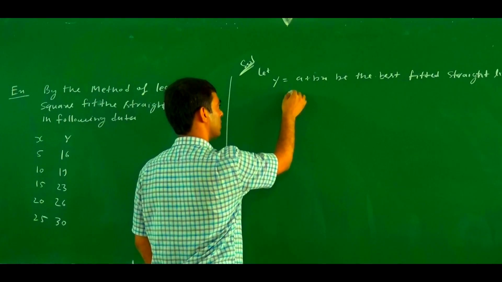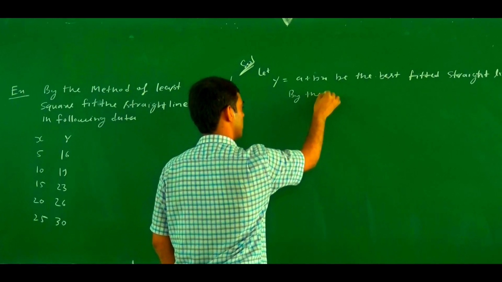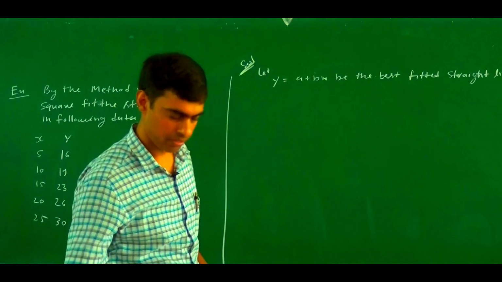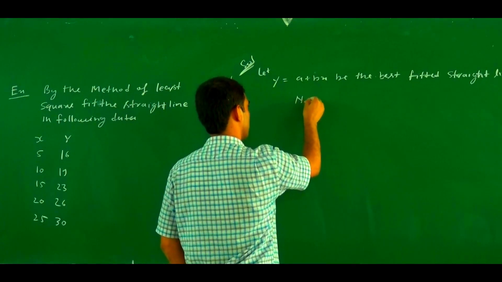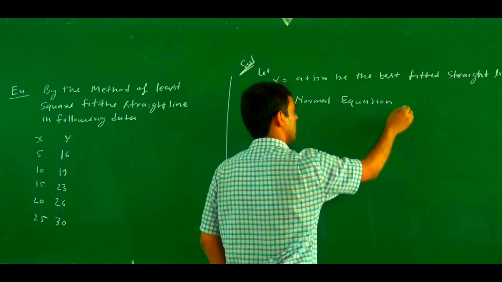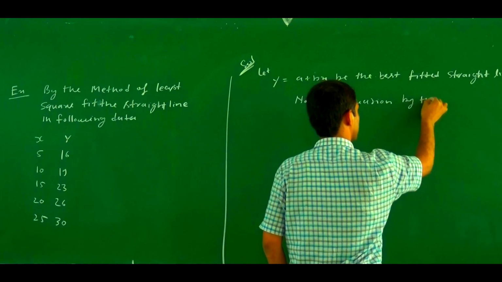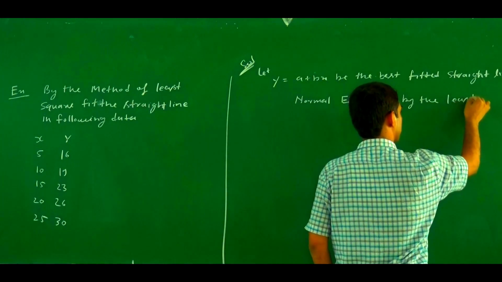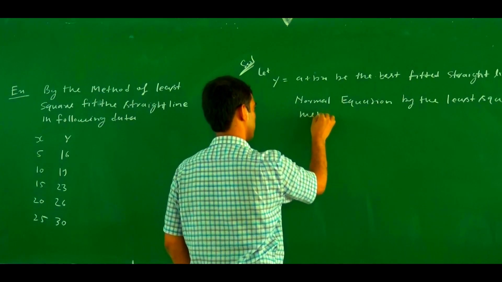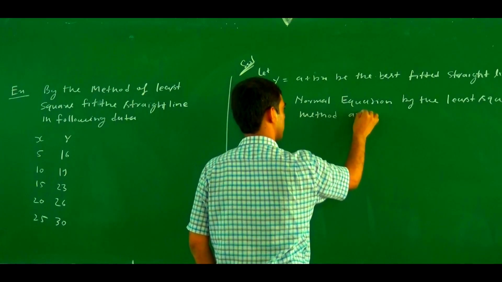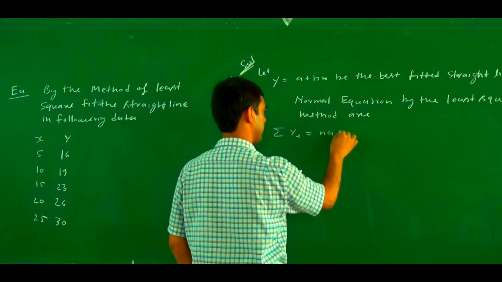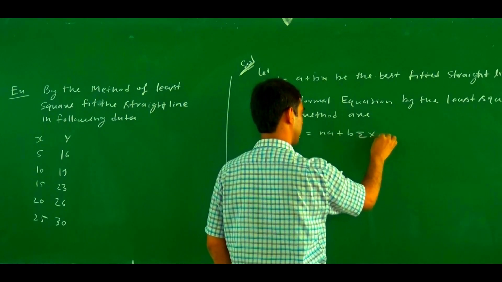The normal equations by the method of least squares are: first, summation yi equals na plus b summation of xi.